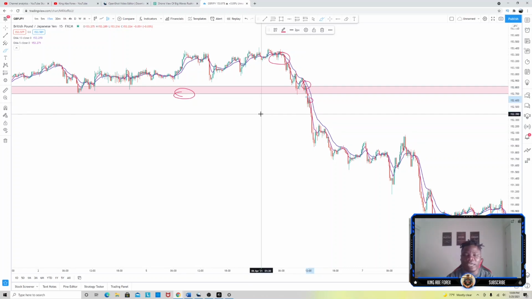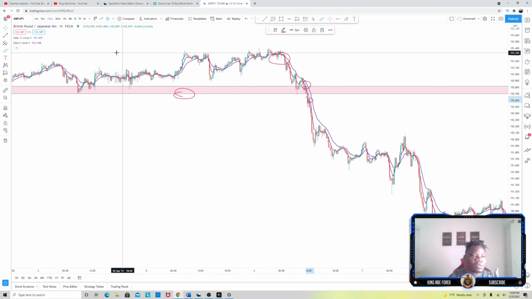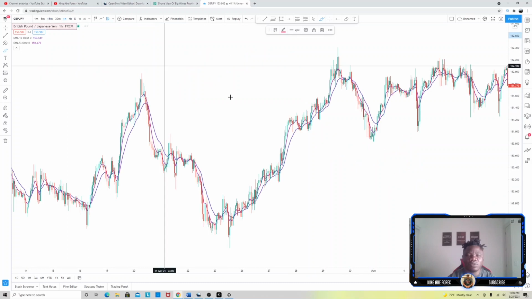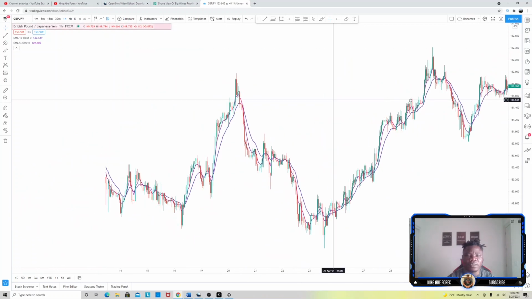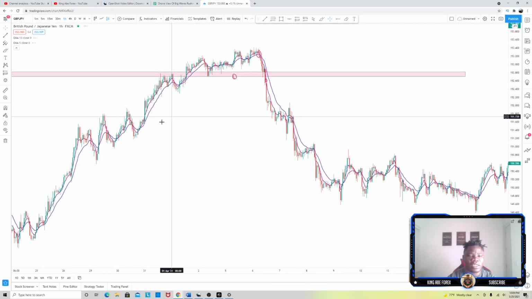Now that we have our entry, we need to figure out where our take profit is. Where are we gonna target? Now we're gonna go back to the 1 hour time frame and we're gonna look for where we could have targeted for this sell trade.